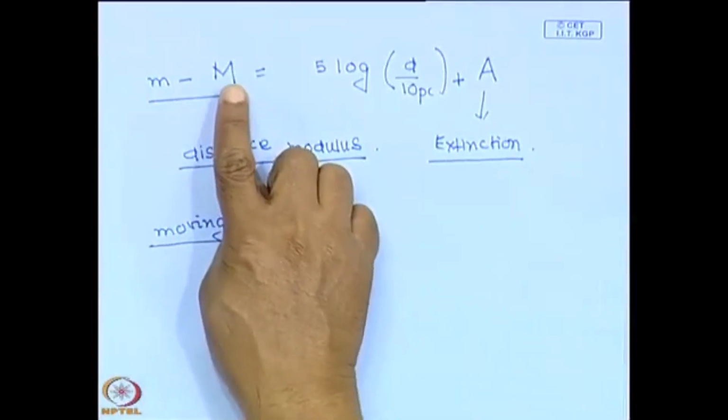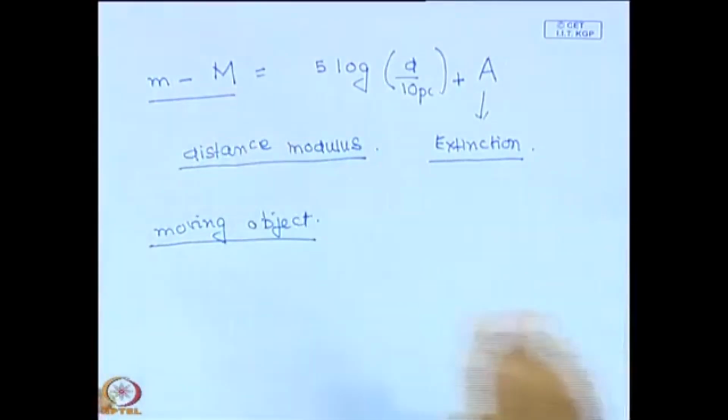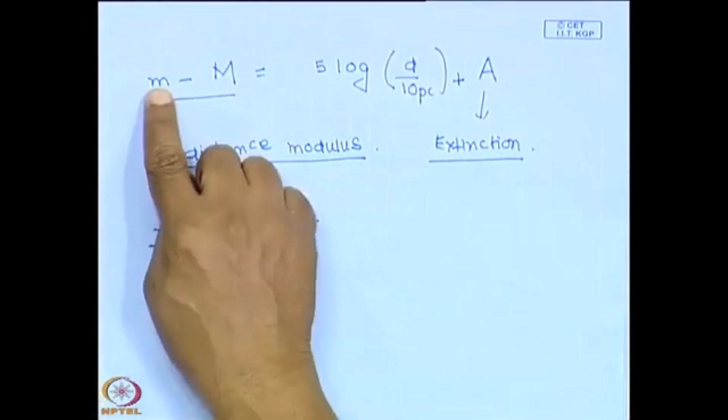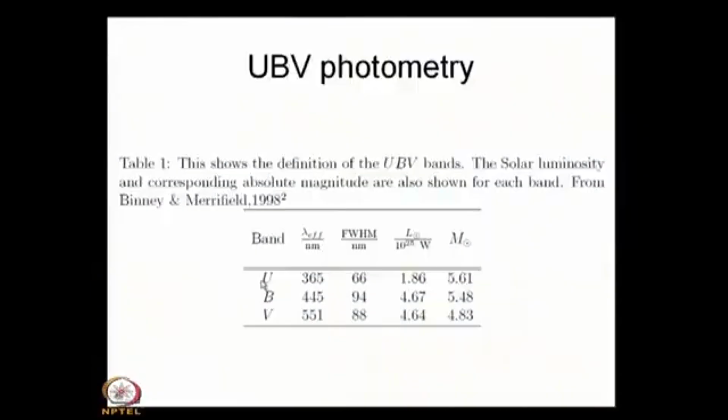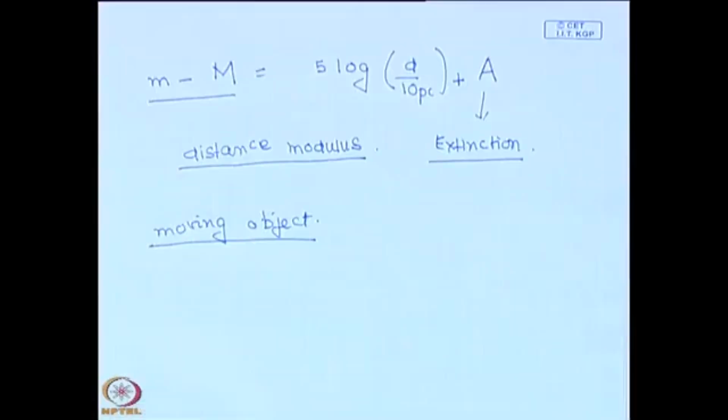Absolute magnitude refers to the flux in the rest frame of that object. The apparent magnitude refers to the flux measured by us. So we are measuring, let us say, in the U band, and the object is moving towards us. Then what we measure in the U band could actually be, in the object's rest frame, in the blue band.